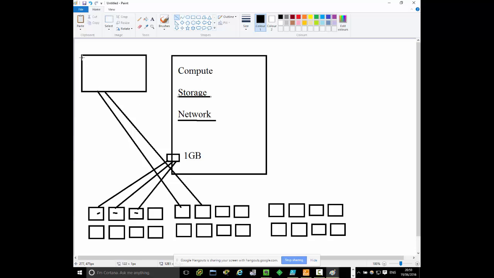But usually if the issue is just with compute, where a client is trying to complete a process on a machine, and that process is using up the compute resource of the machine, usually you can just scale up the machine.